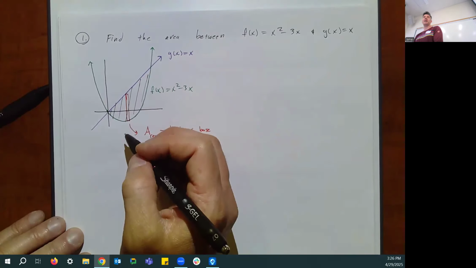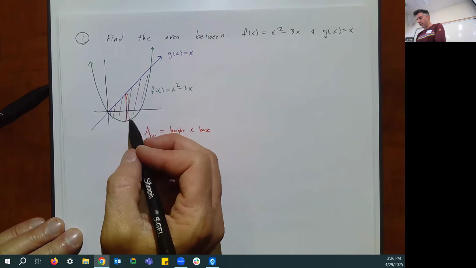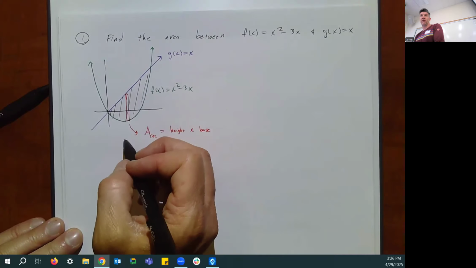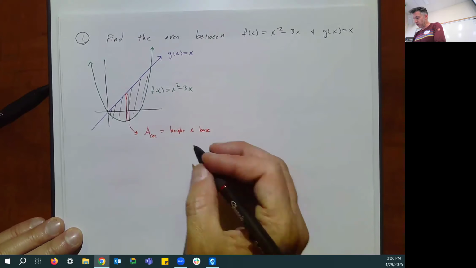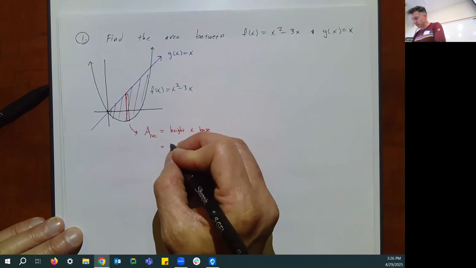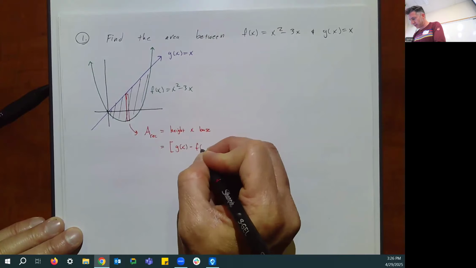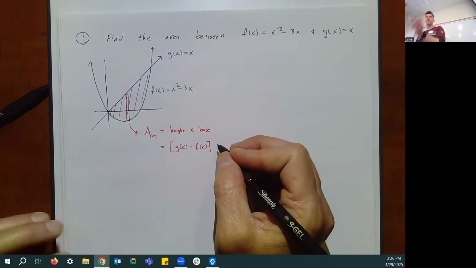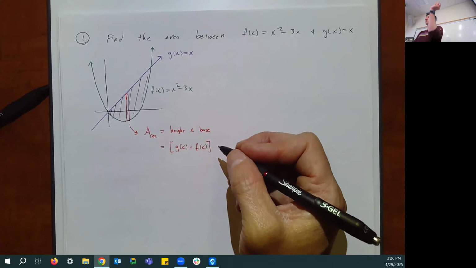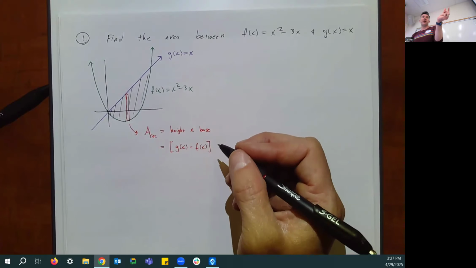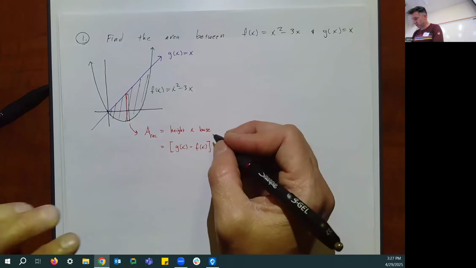In this case, the height is whatever value the top function is minus whatever value the bottom function is. So that's going to be, in this case, g of x minus f of x. And the base is some small change in x. You can write delta x. I prefer to write dx.